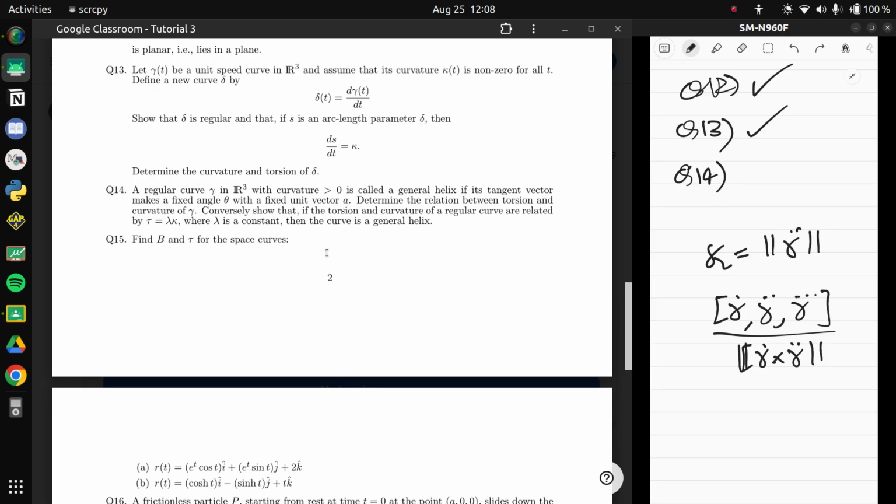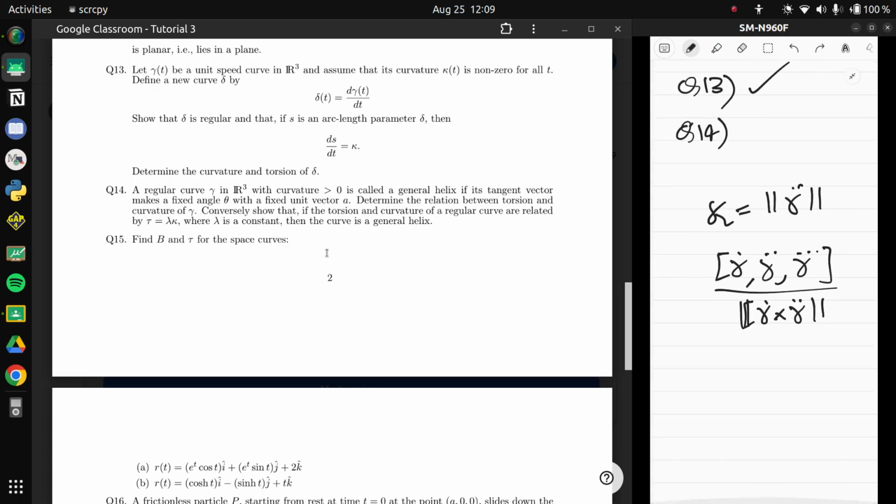This tangent vector makes a fixed angle theta with the fixed unit vector. Okay, so let's just say A is your axis, as in A is this unit vector.